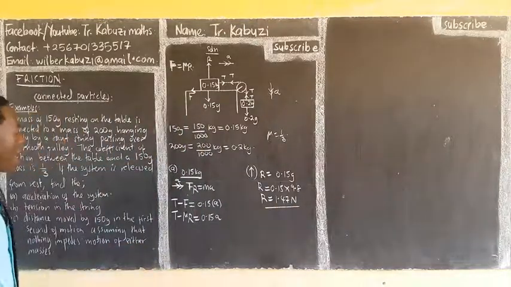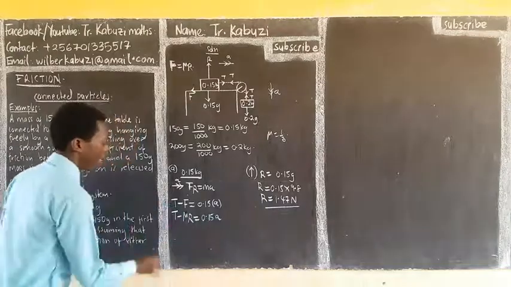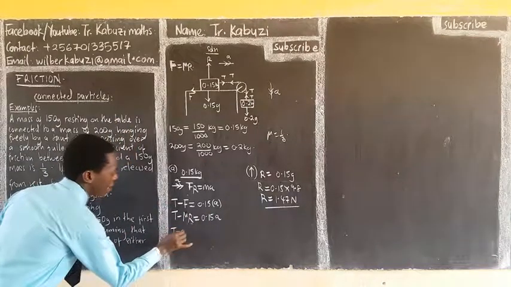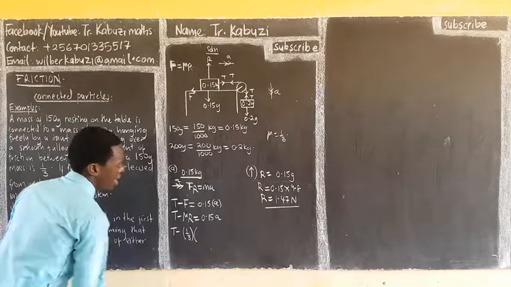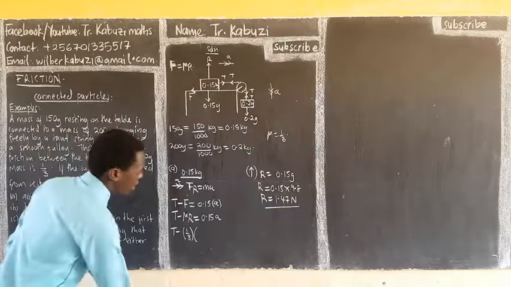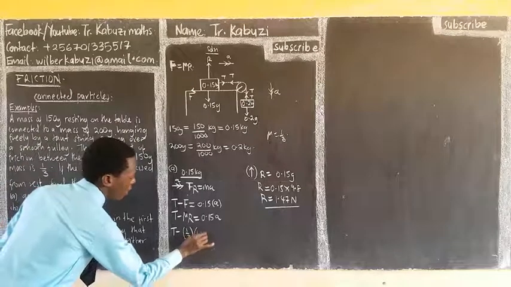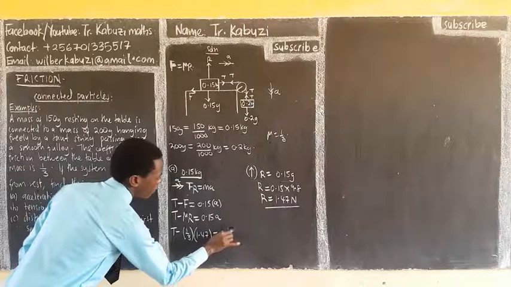So putting it there, remember I also have the resultant. So from there, my T minus R, then I have 1.47 equal to 0.15a.